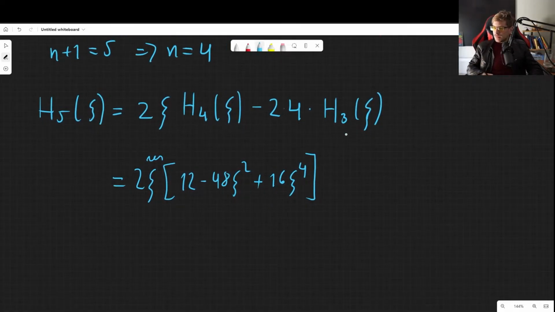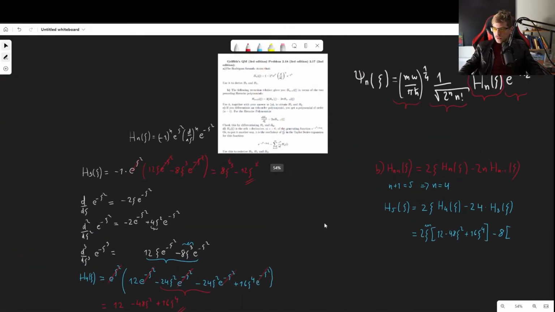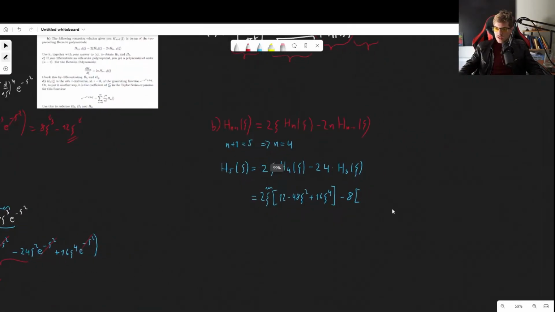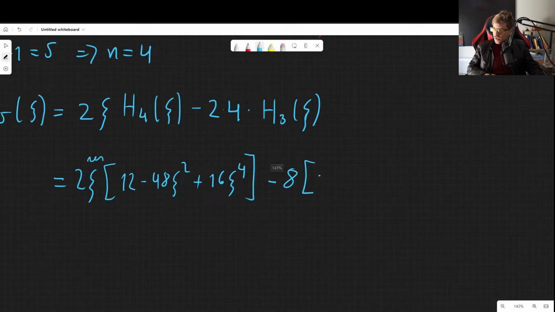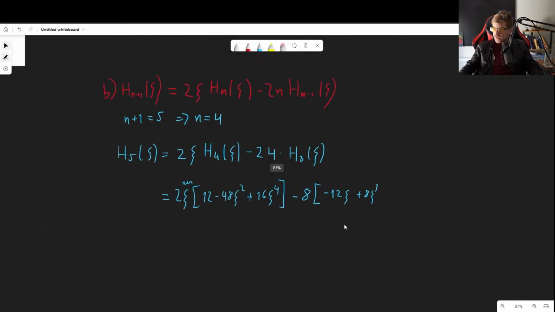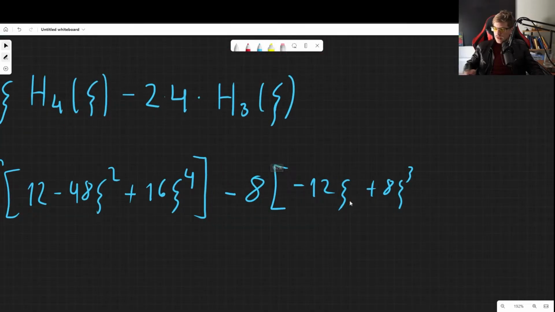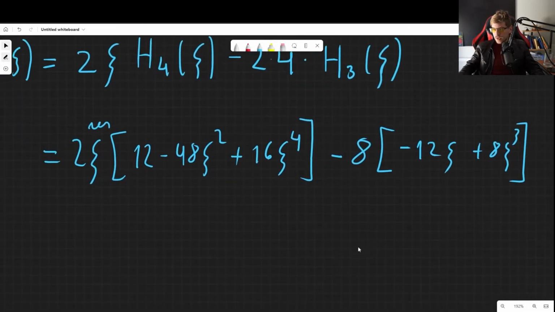Just so that you keep that in mind. Minus 2 times 4, which is 8, so maybe let's just write 8. And now we multiply by h3, which is up here, which is 8 psi cubed. Or maybe let's write it like this, so it's in growing order. So minus 12 psi plus 8 psi cubed. Of course, it doesn't matter which one you write first, but it might look better and be a bit more organized if we go with the lower powers first.